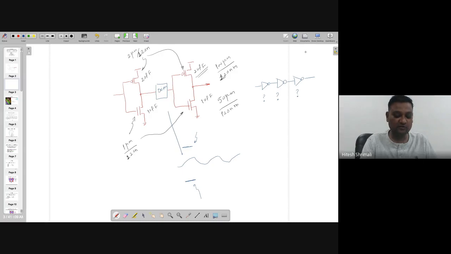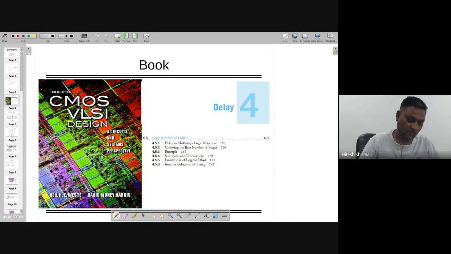So we need to find that out, and for that I am following a different book. This is Weste and Harris, which has chapter number 4, named Delay, and we have to understand section 4.5, which is logical effort of a path. Although the same thing is given in Rabaey also, it's a short description and given very quickly.